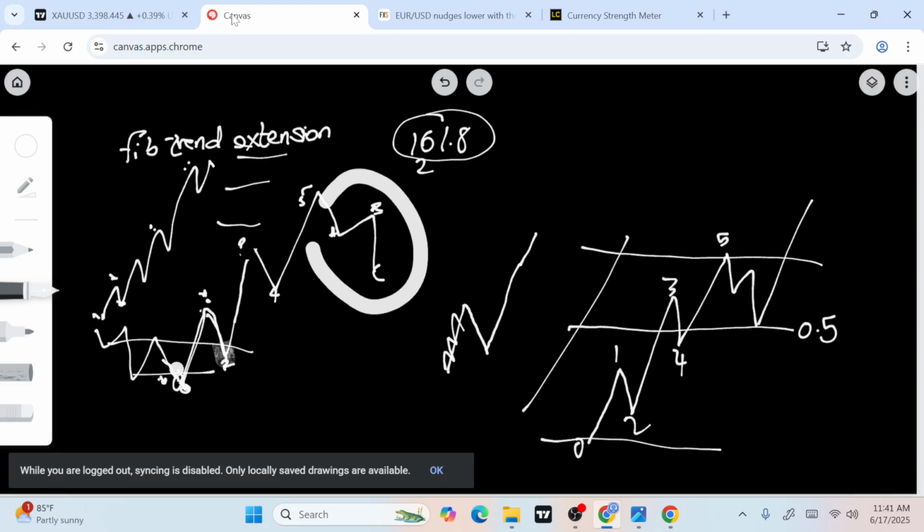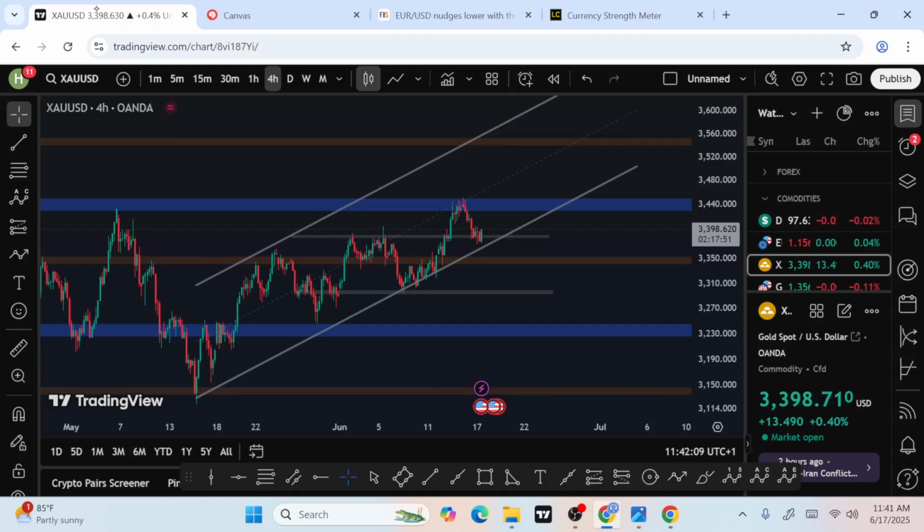Initially, I just want to add to what you explained about the impulsive, the retracing and the corrective. In my own understanding, in any market, once you understand the market structure, in an uptrend market we have higher highs, higher lows, higher highs, higher lows.